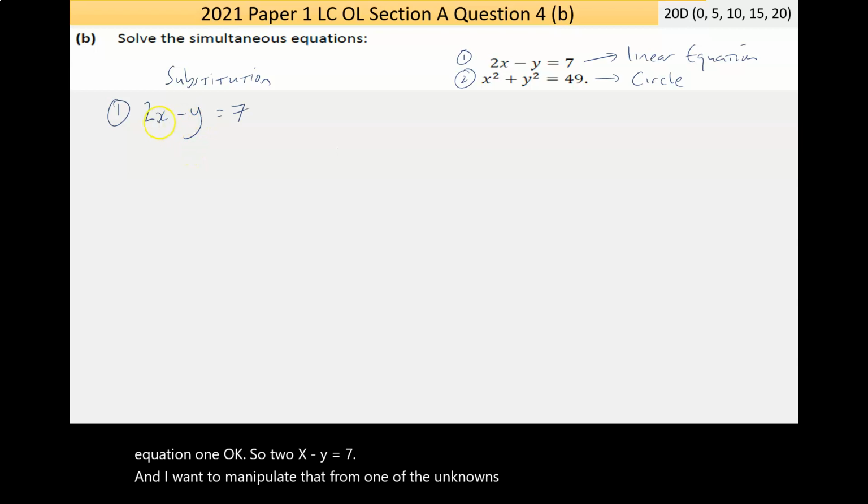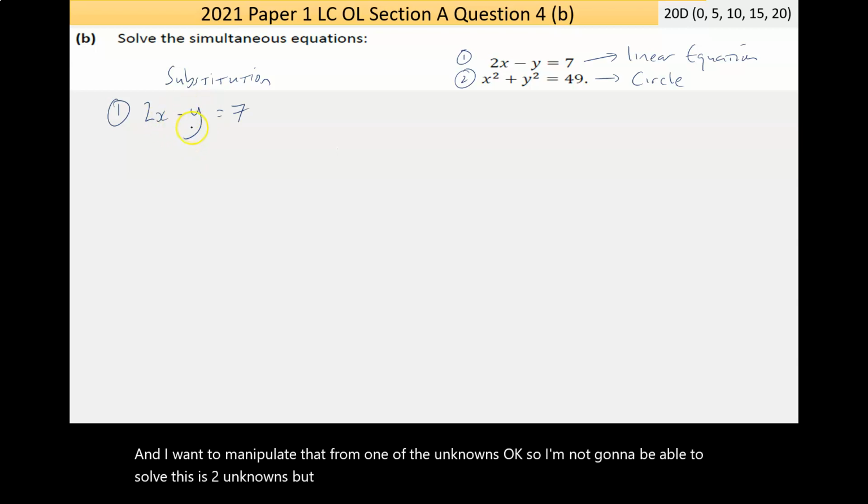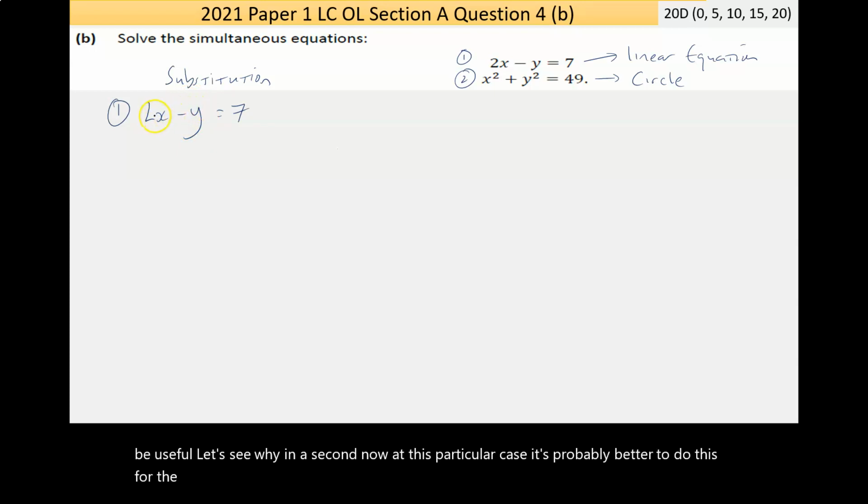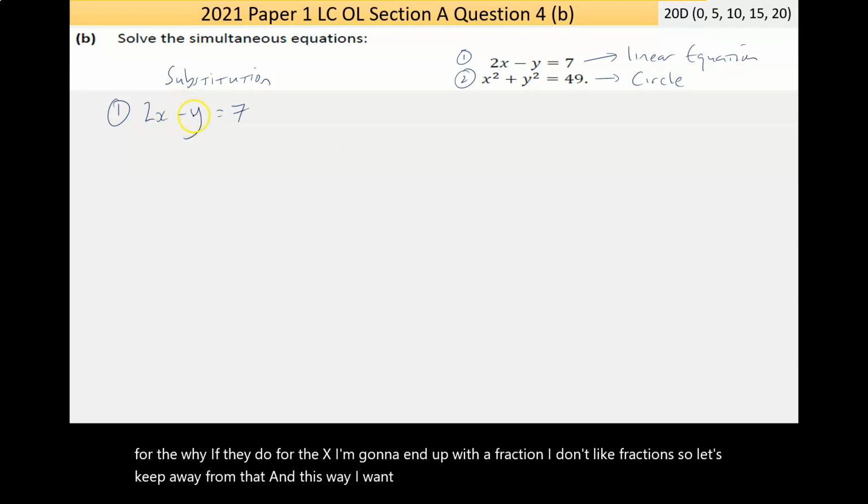I'm not going to be able to solve this as it has two unknowns, but if I rearrange it so it's in terms of one of the unknowns, it's going to be useful. We'll see why in a second. With this particular case, it's probably better to do this for the y. If I do it for the x, I'm going to end up with a fraction. I don't like fractions, so let's keep away from that. And this way, I want y to be positive, and I want it on the far side.